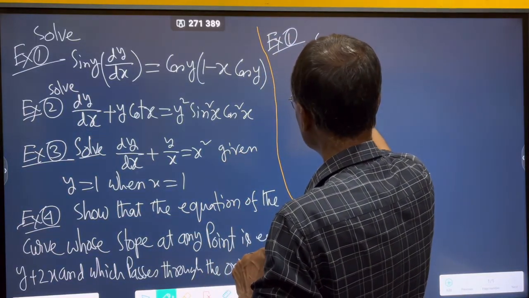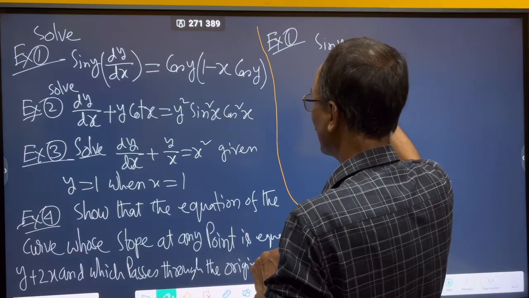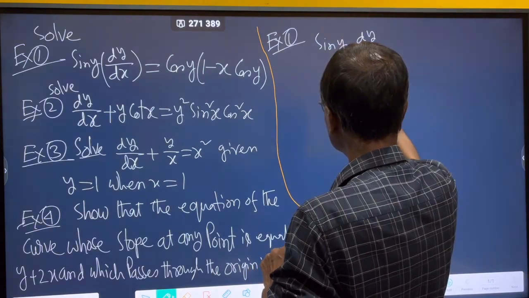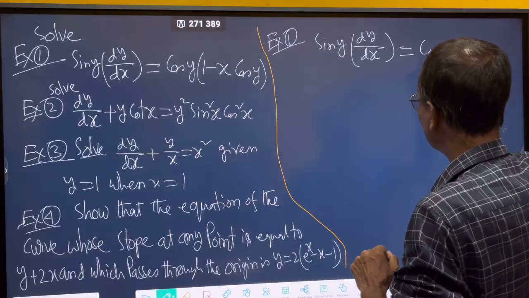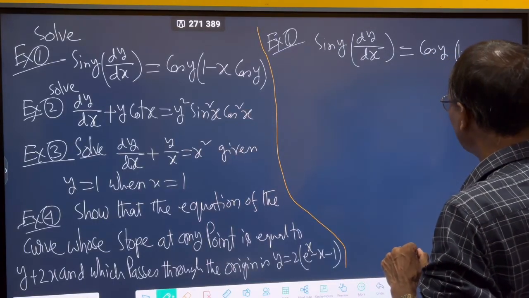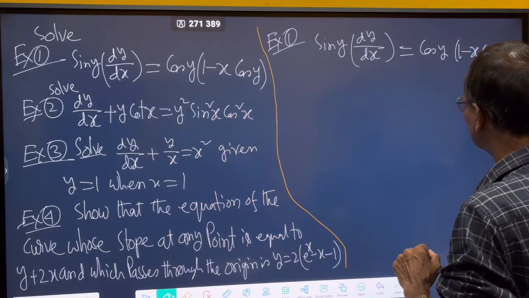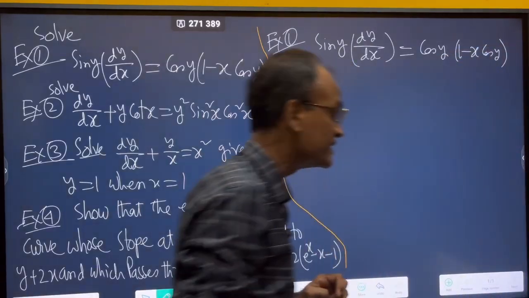The given differential equation is sin y dy by dx equal to cos y into (1 minus x cos y).